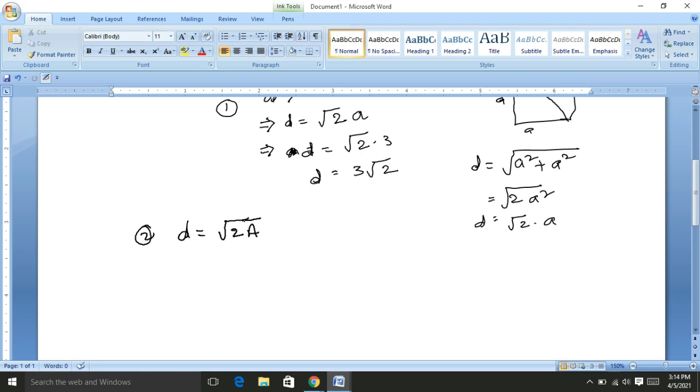We know that for the above problem the side a equal to 3, then we calculated d equal to 3 root 2. Now how are we going to calculate the area when only the diagonal is given?